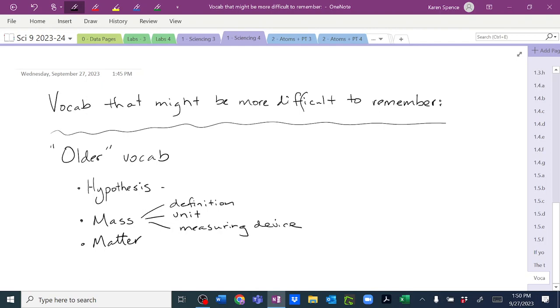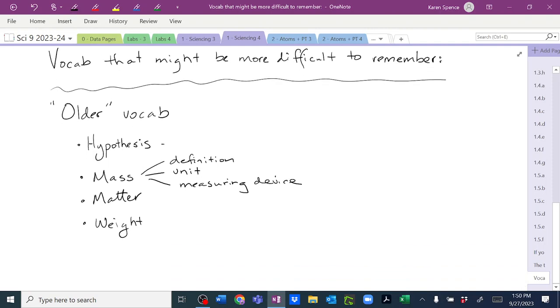What are some other words that we might have trouble remembering that were way early on? Weight. What else have we got? Volume.